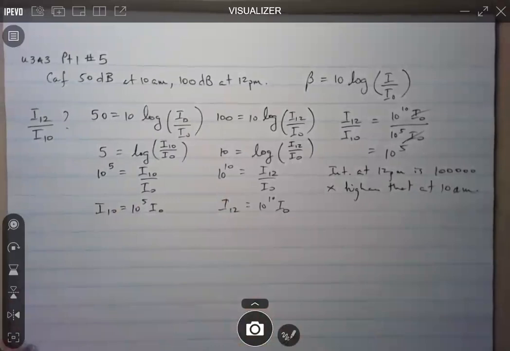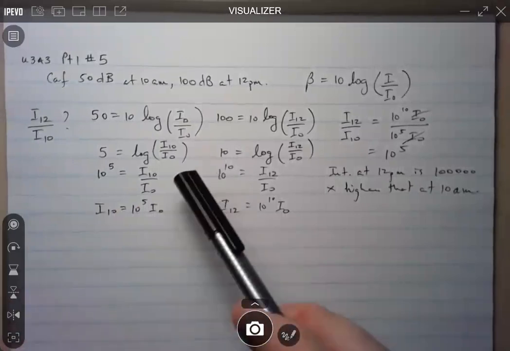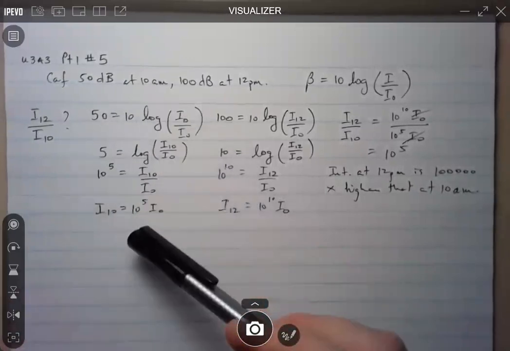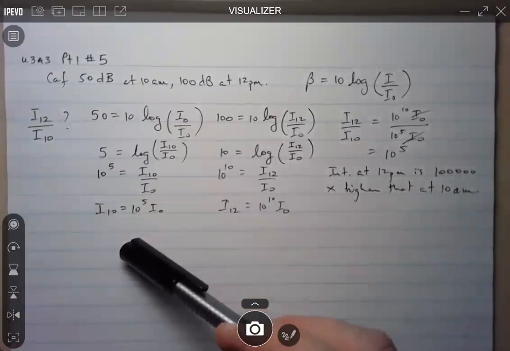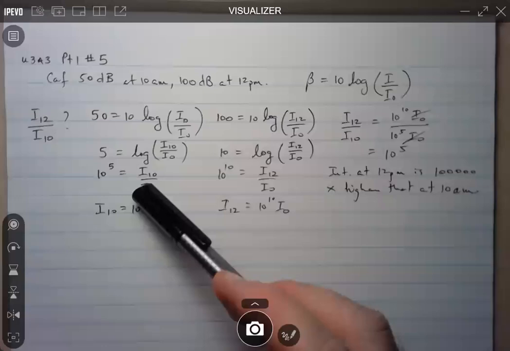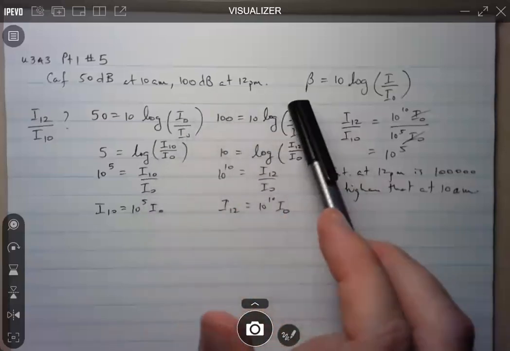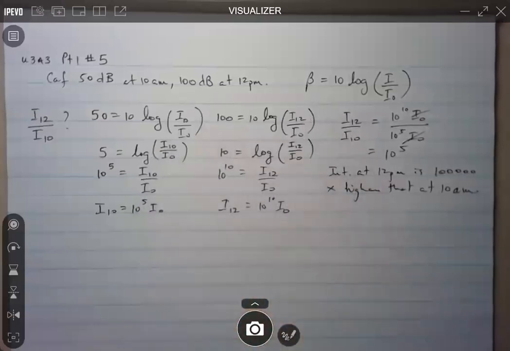So again, what we're seeing here is this ability to use our logarithm properties to help us work with variables that are stuck inside a logarithmic expression.